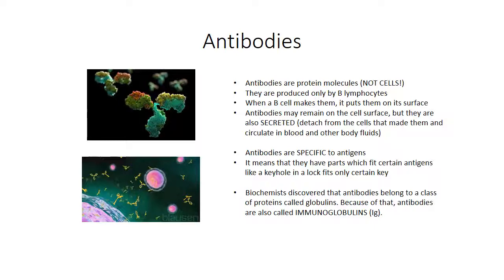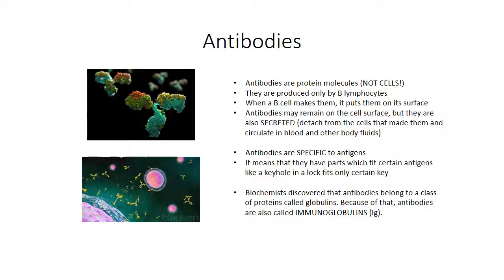Like all proteins, they consist of amino acids. The specific sequence of these amino acids in a larger part of antibody molecule is the same, but there are parts of antibody molecules which have varying sequence of amino acids, so that makes these antibodies specific only to particular antigen.